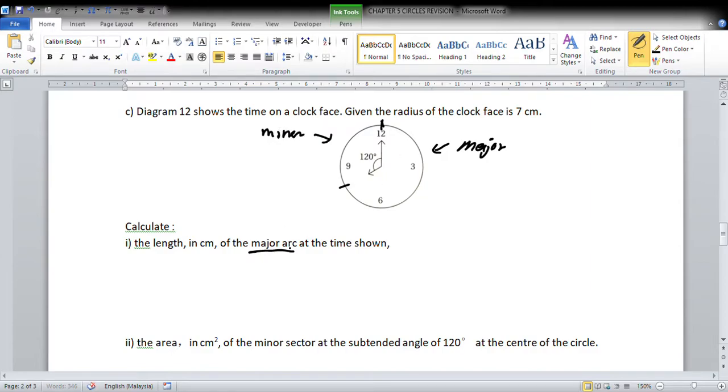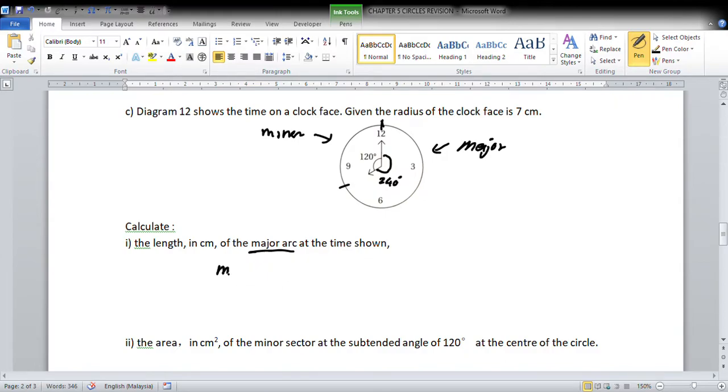Since the question asks you to calculate the major arc, it means from here to the other side. First you fill in here 240 degrees because he already taken 120. Very easy.